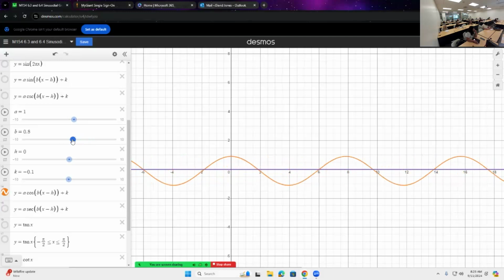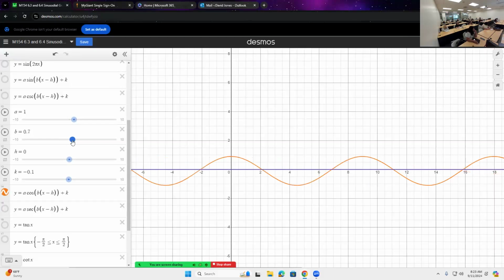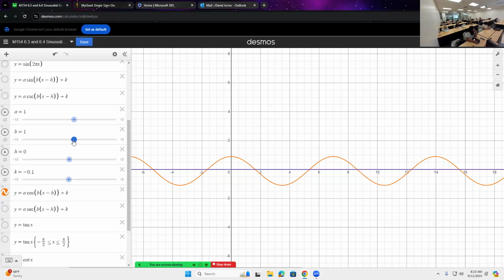And if B gets smaller, it repeats less often. I don't know that B going negative does anything here actually. That's B equals 1. And B equals -1 here. It's like that. It's a property of cosine. Cosine is an even function. So cosine doesn't change when B equals -1.